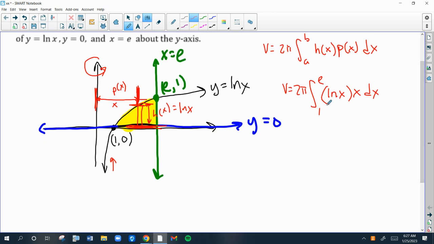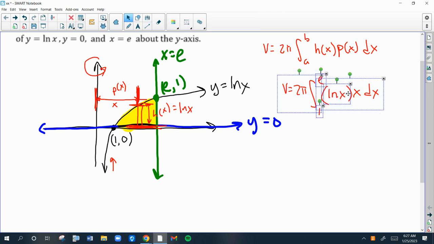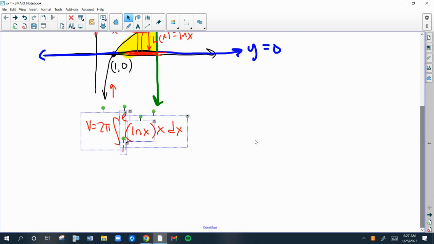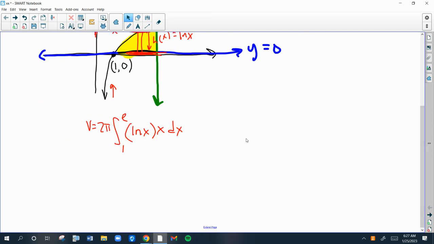Right here, I'm seeing that we're going to have to use integration by parts. So I'm going to move this down so we have a little bit more room. When you do parts, I don't know how to integrate ln of x, so I'm going to let u be ln of x, which means du is 1 over x dx.